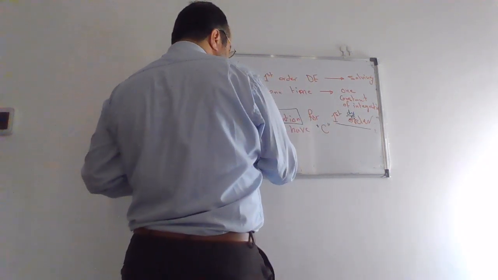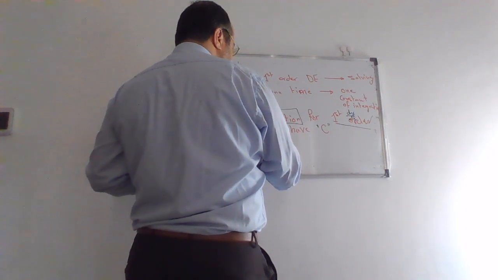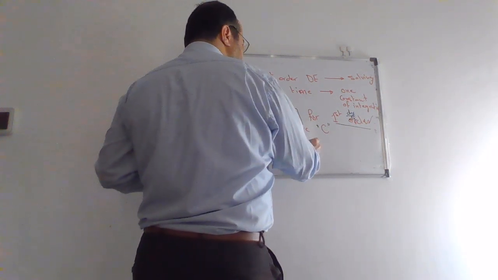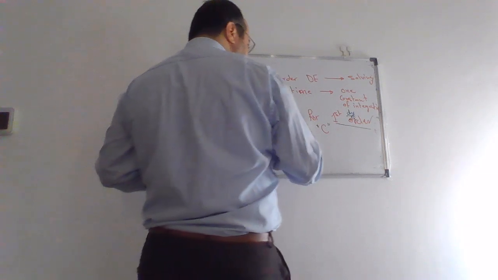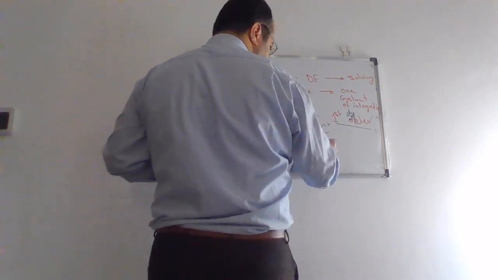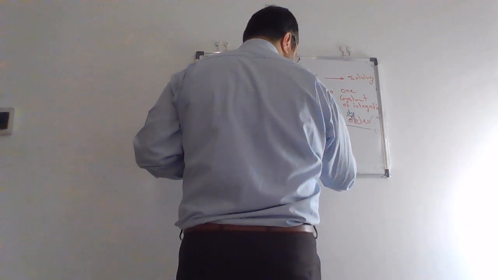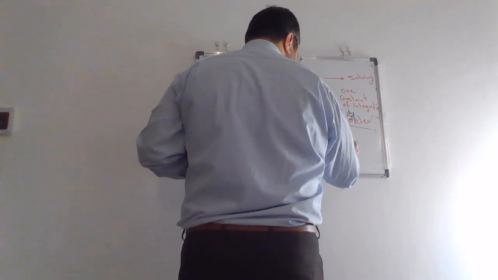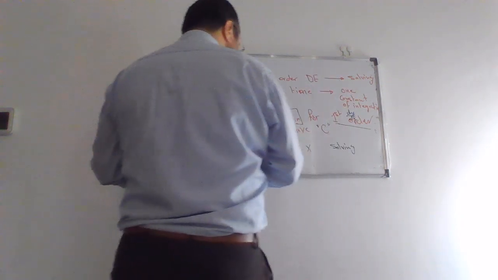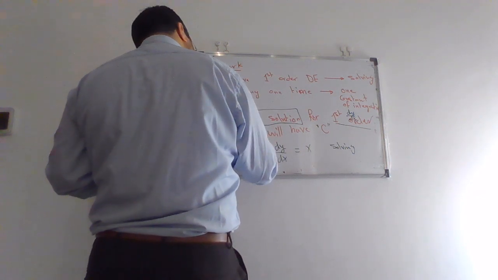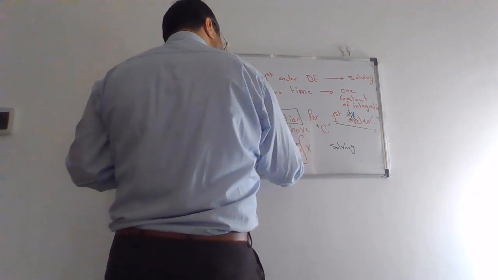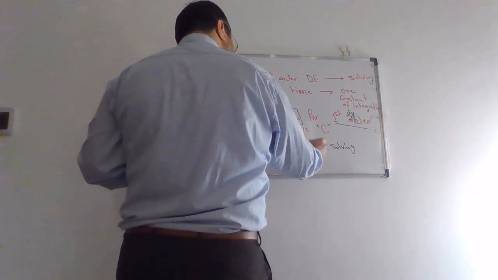Let me just show you. Suppose that you have dy over dx equal to, say, x. Now you want to solve, so find y. How do you solve? It is easy. You integrate both sides with respect to x.